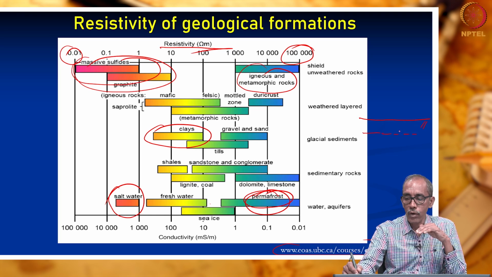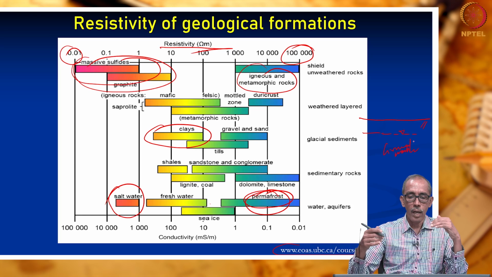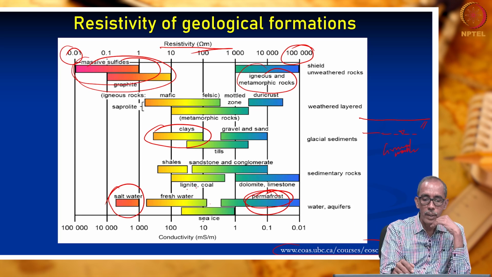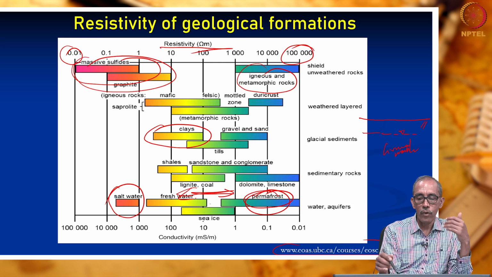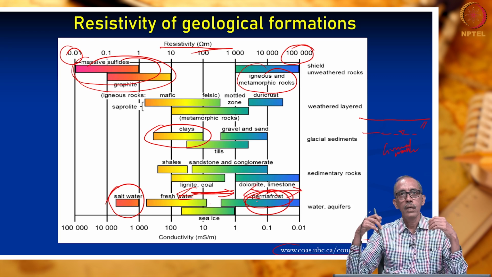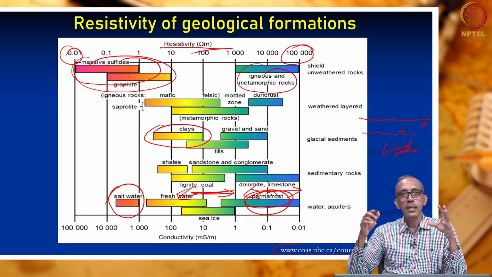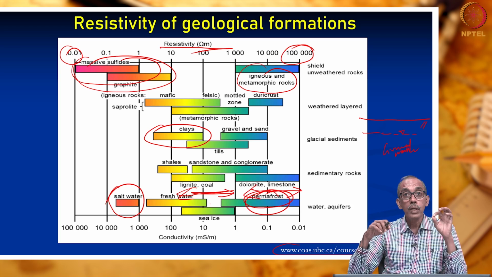When the groundwater is in liquid form, the resistivity will be somewhere here. When it becomes frozen, resistivity increases.